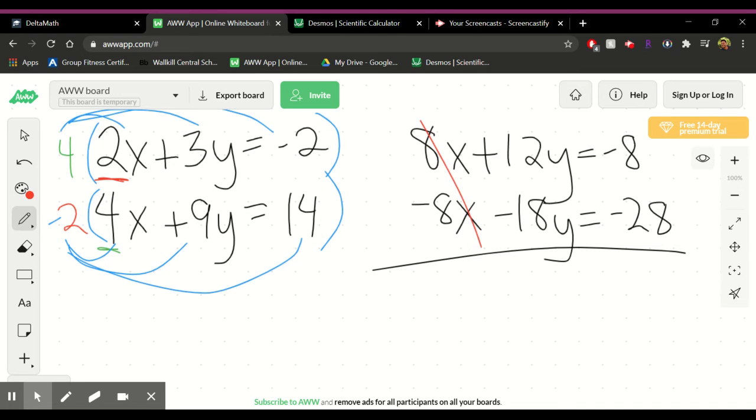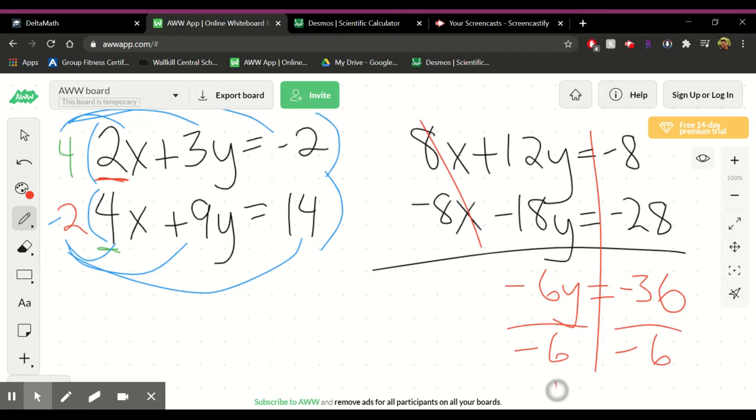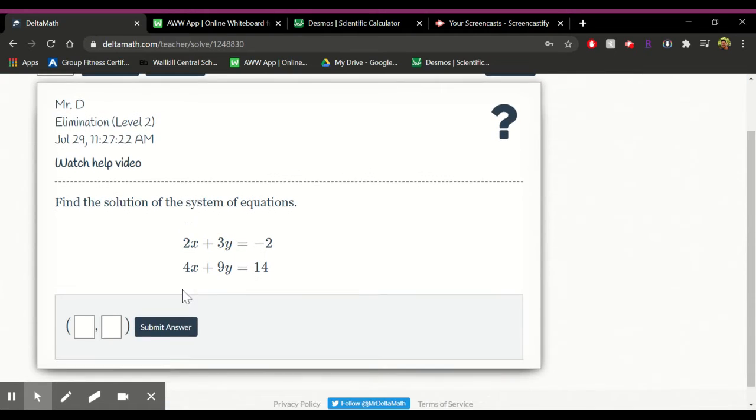So again, those eliminate. Negative 6y is negative 36. Divide both sides by negative 6, and I get y is positive 6. So that's going to be part of my solution, the y value.